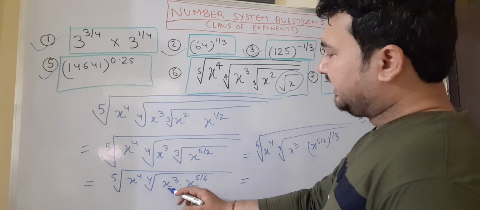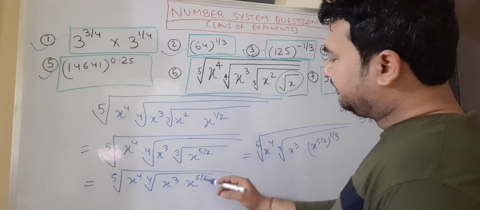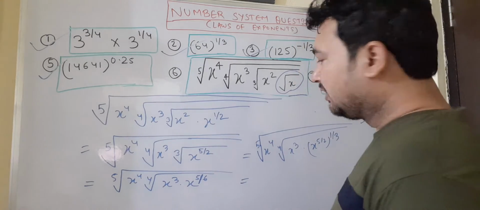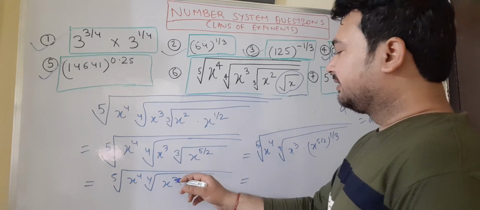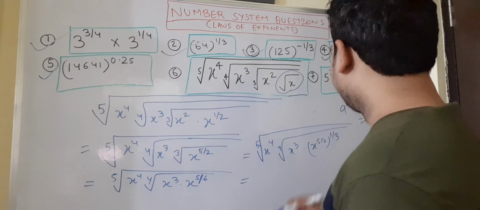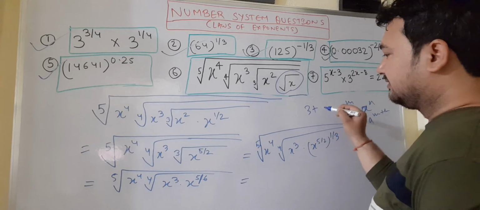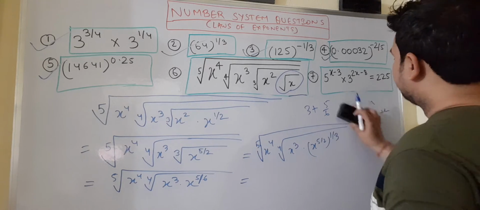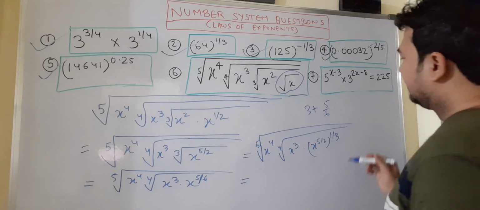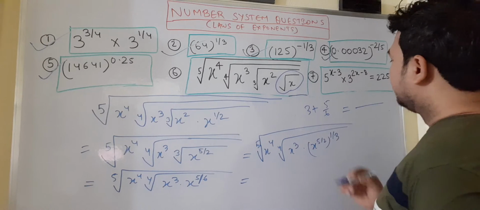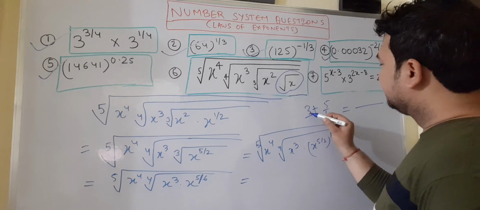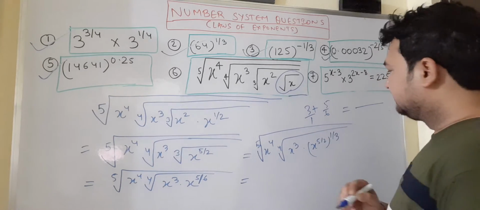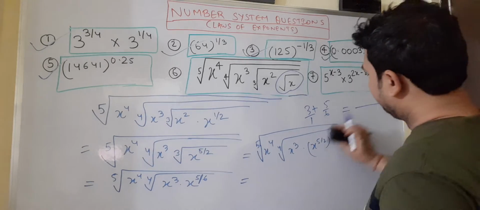So you have x to the power 3 and x to the power 5 by 6. This is division. So what will it be? It will be 3 plus 5 by 6. And 3 plus 5 by 6 is what? What will be the denominator? Denominator is the LCM. See, this has no denominator, so denominator will be 1. Let me erase this.